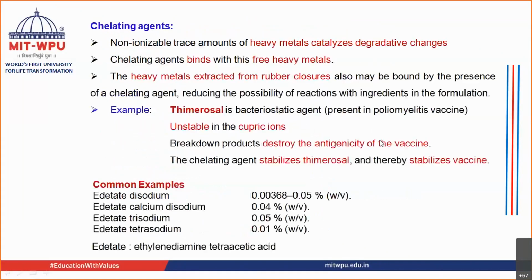Okay. Moving to the next ingredient that is being used, the chelating agents. Now, what does this chelating agent do? These chelating agents mix with your heavy metals, and they form a chelation reaction with the heavy metals. Now, why do you want the heavy metals to be chelated?